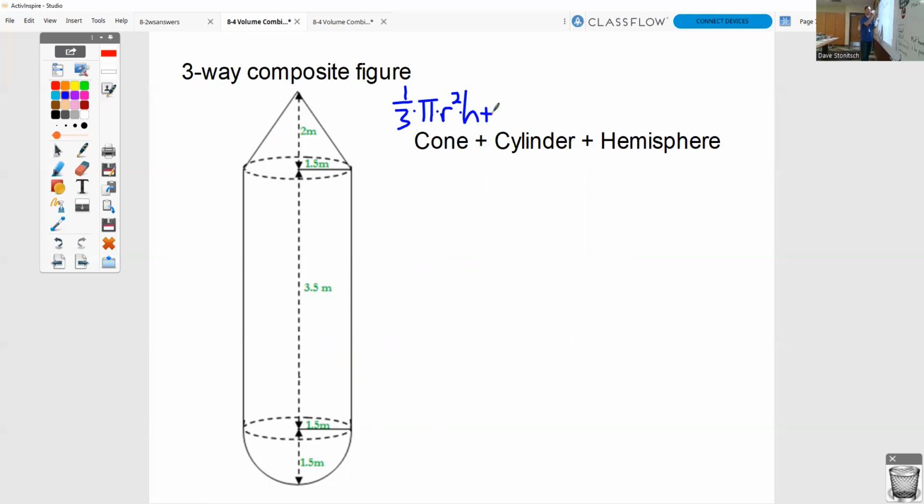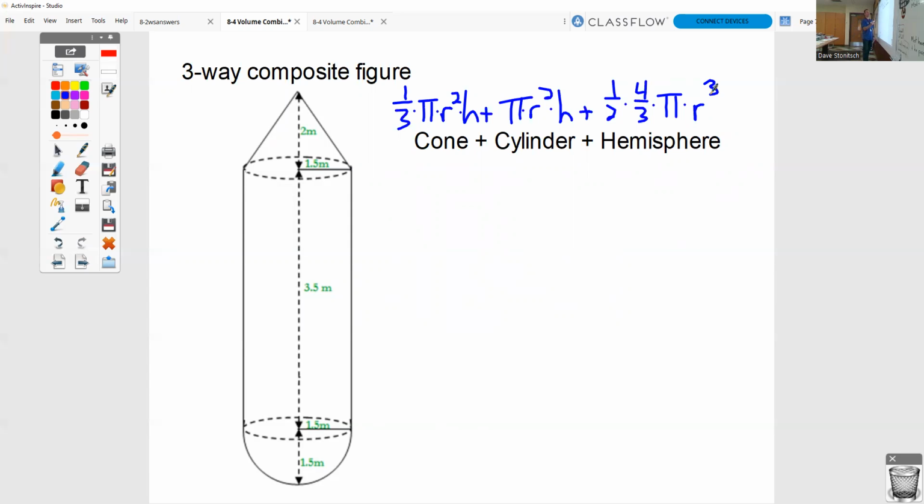Plus you have the cylinder, pi r squared h. Plus you have the hemisphere, 1/2 times 4/3 times pi times the radius cubed. So you have 8, 9, 10, 11 things there that we have to worry about.